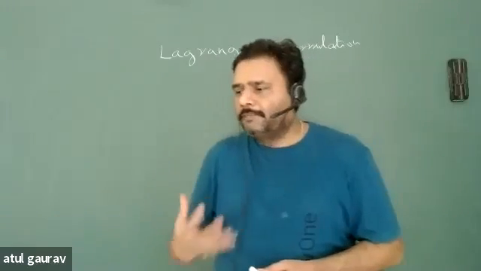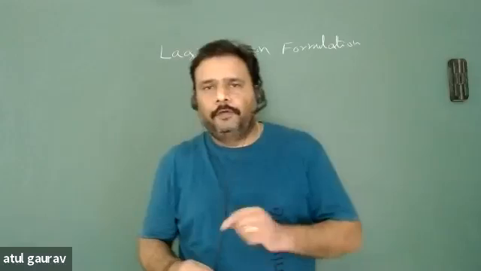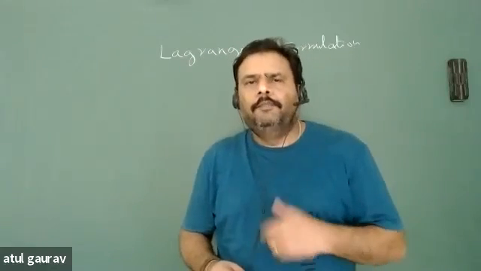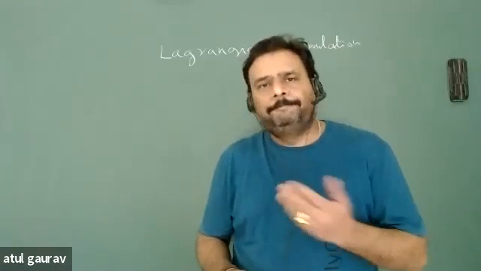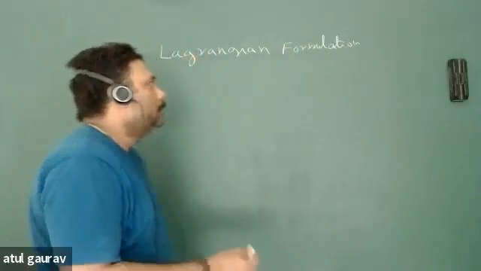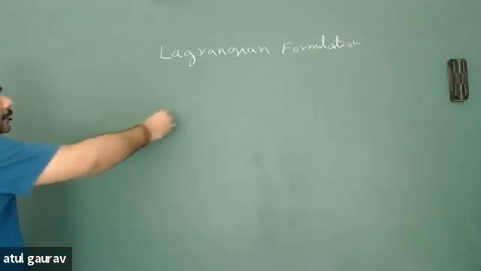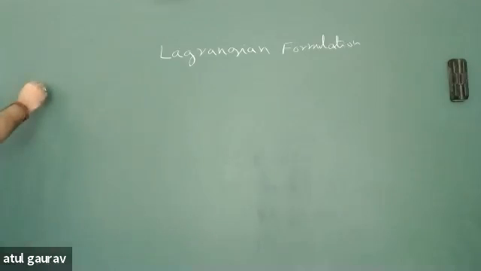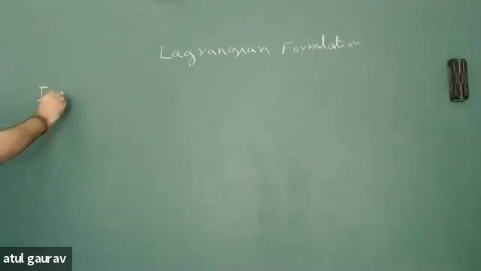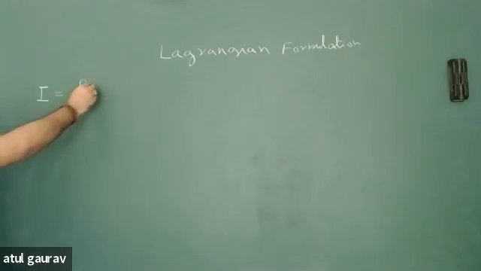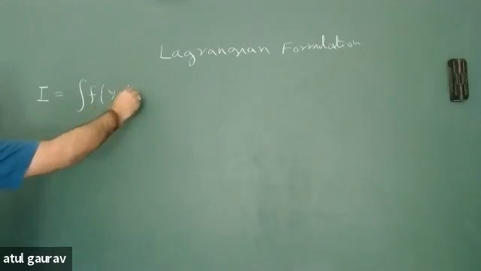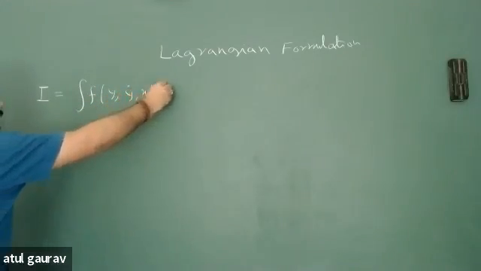Today we will formulate the Lagrangian part, but before that, let's go again to the variational method. What is this? Suppose we have an integral, and this integral is a function of some variable y dot and x, dx.